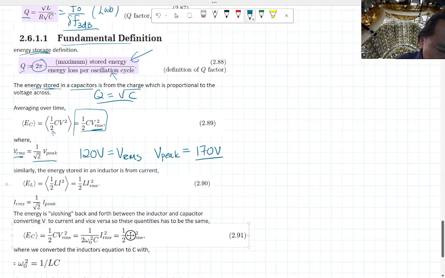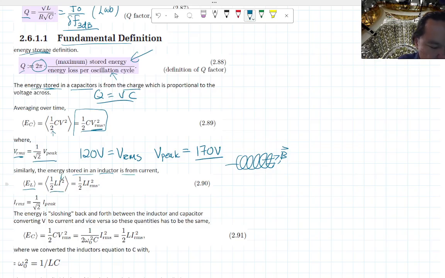Similarly, if you do this calculation for an inductor, the energy is stored in the magnetic field, and the magnetic field is created by the current. So in the inductor case, the energy stored is proportional to the current squared.